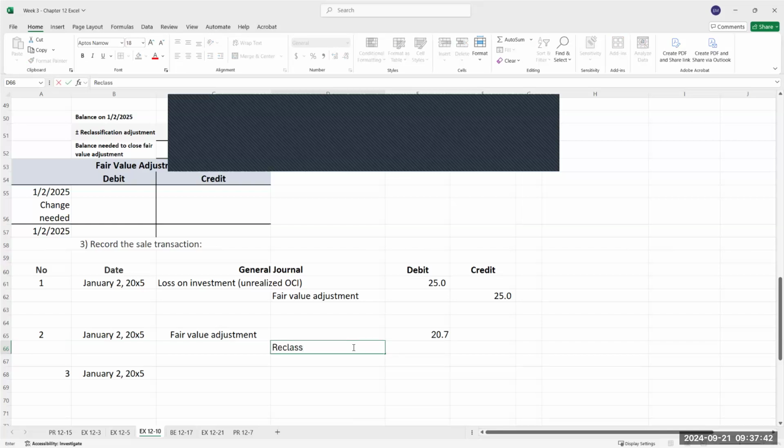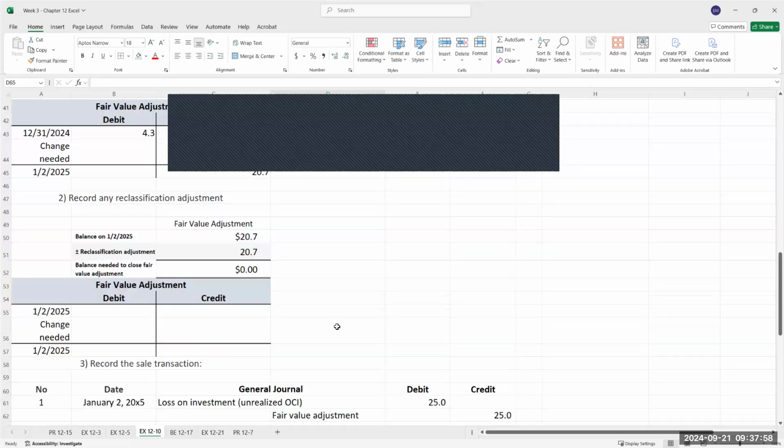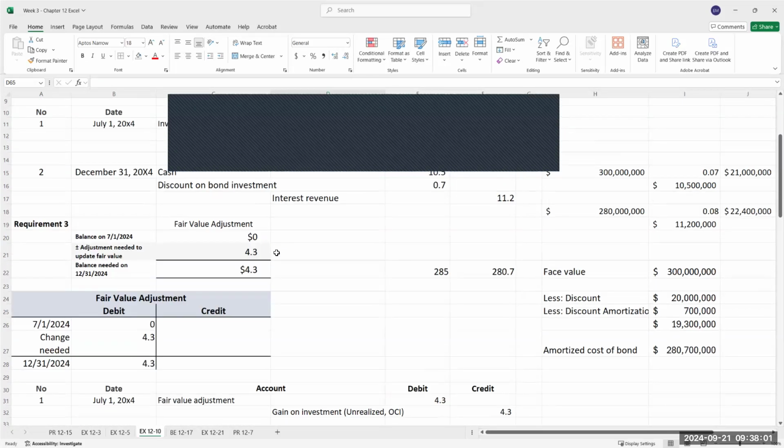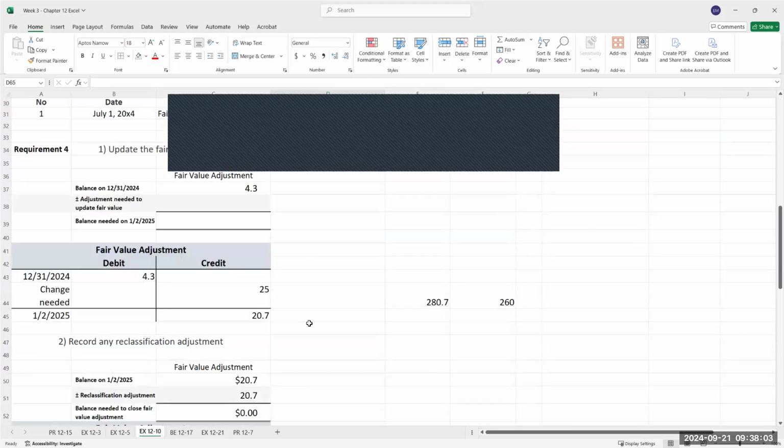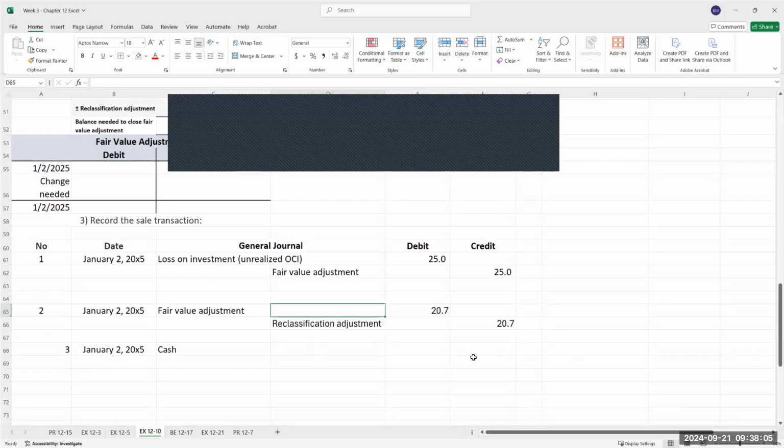We take into account the reclassification adjustment to get that balance down to 0. And then now the last step is essentially accounting for the sale. So the problem lets us know that we received cash of 260 million. So 260.0.